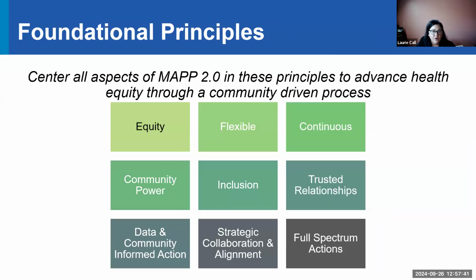Foundational principles for MAPP. We've talked about a few of these already. We've talked about equity and somewhat community power and inclusion, but there are others about being flexible and continuous in the work and continuous quality improvement, building and developing trusted relationships with community and other partners, data-driven decision-making and data-informed action is a really important piece.